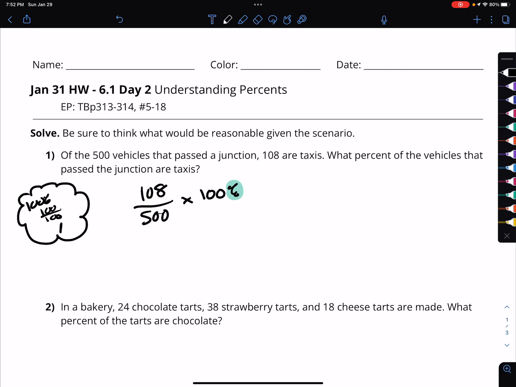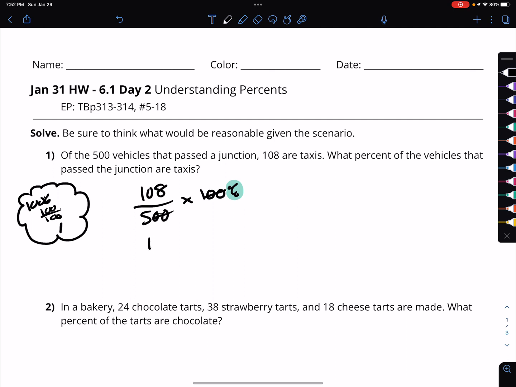So looking at what we have written now, I see that we have a fraction times a whole number. So before I multiply, I am going to simplify. And I'm going to simplify by dividing by 100, which will turn that into a 1, and turn that into a 5.